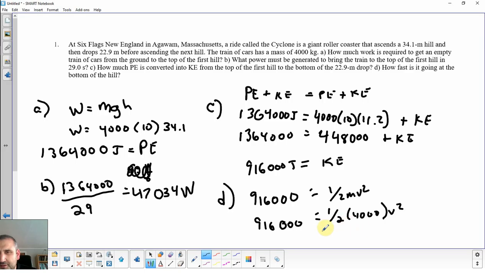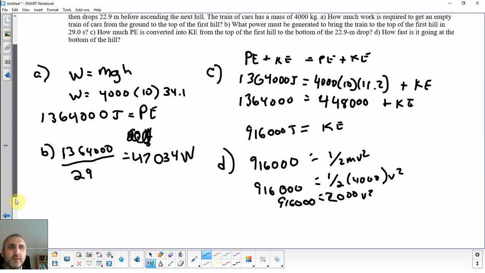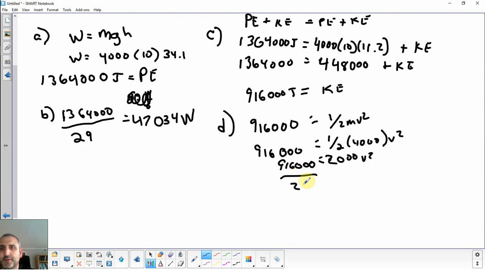Half of 4,000 is 2,000. 916,000 equals 2,000 v squared. Divide both sides by 2,000, that's going to be 458 equals v squared.